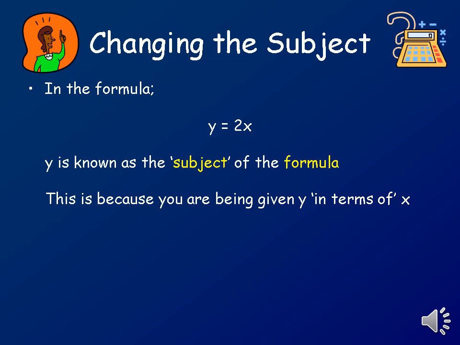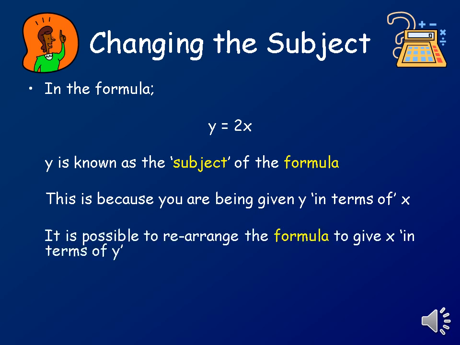So the way it is at the present moment, y equals 2 multiplied by whatever the value of x is. So if the value of x was 2, then the answer would be 4. But in this presentation, we aren't doing that. What we're doing is we are rearranging that formula. Okay, and that is possible, as it says there.